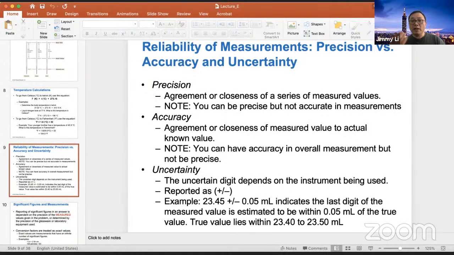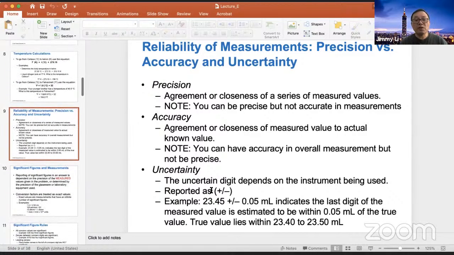Can data be both precise and accurate? The answer is yes. That's what wonderful data are. But can data be not precise and not accurate? Sure, and that's the worst. I'll point out a little more during the lab discussion on precision and accuracy.